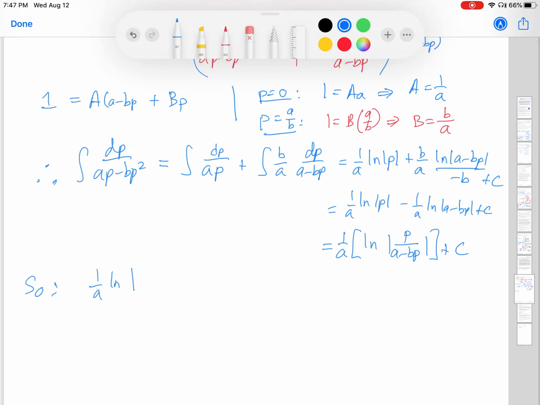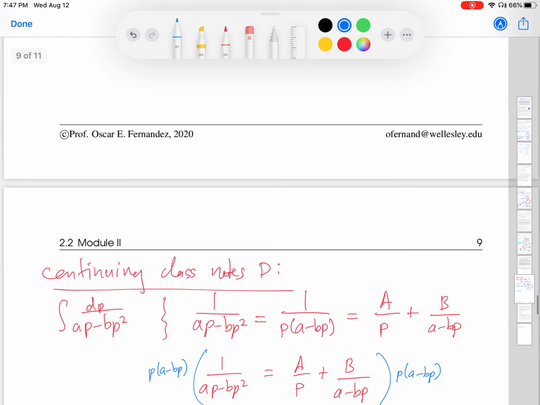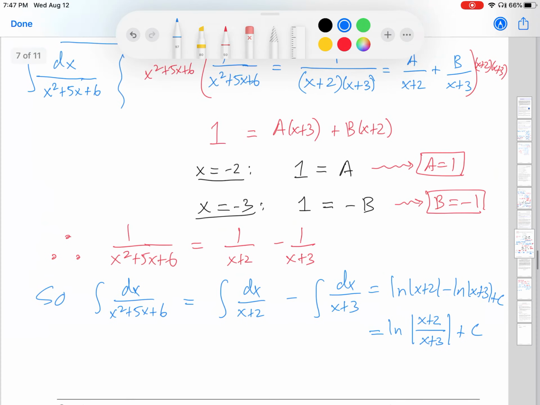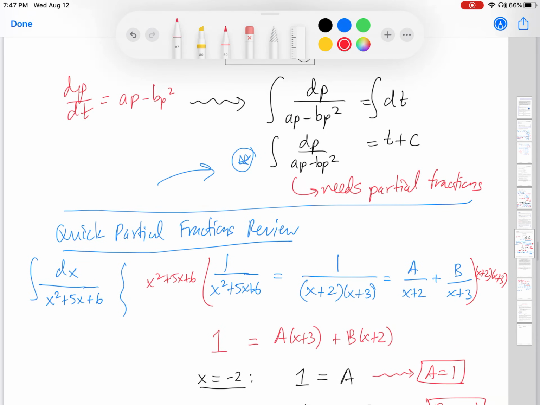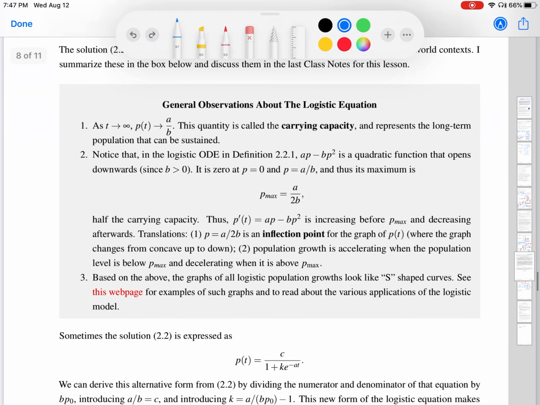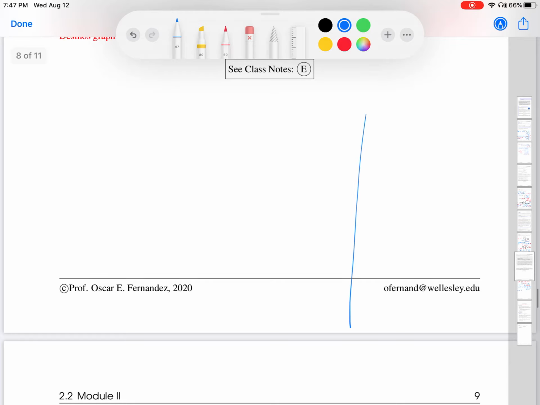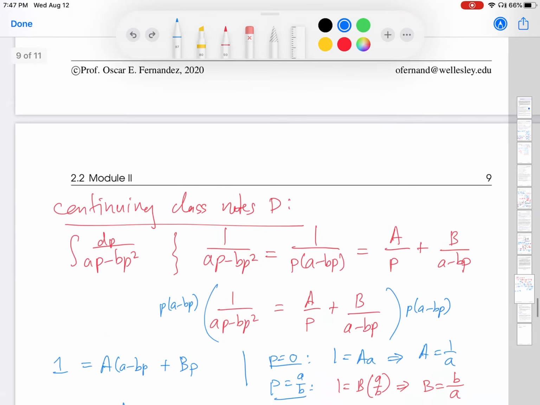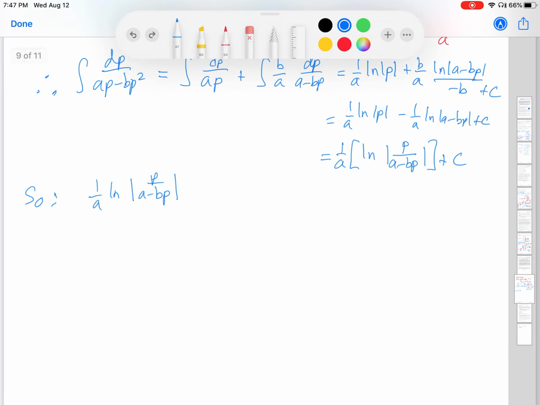And we can then link it up with what we had with the right-hand side when we first started doing this. So I'm going to scroll up so I can remind you what that was. So here we were. We just finished doing this integral, and we already had determined that the right-hand side was t plus C. So I'm going to go back down to where we were just a minute ago and put in that t plus C, and finish off the solution.